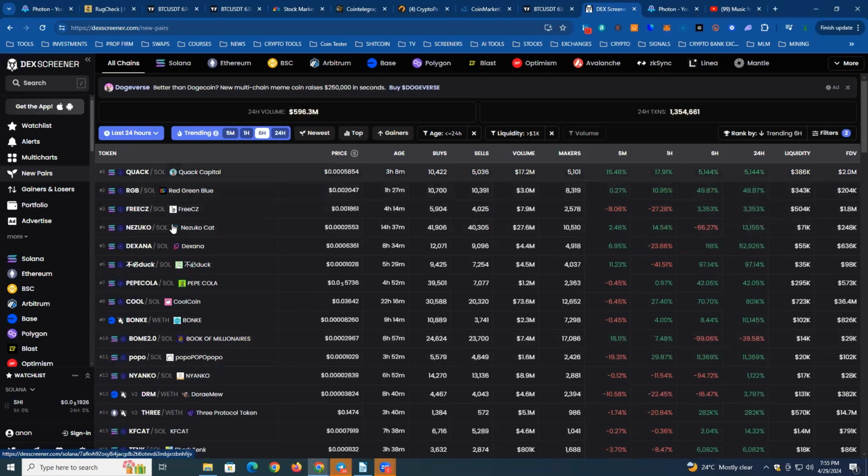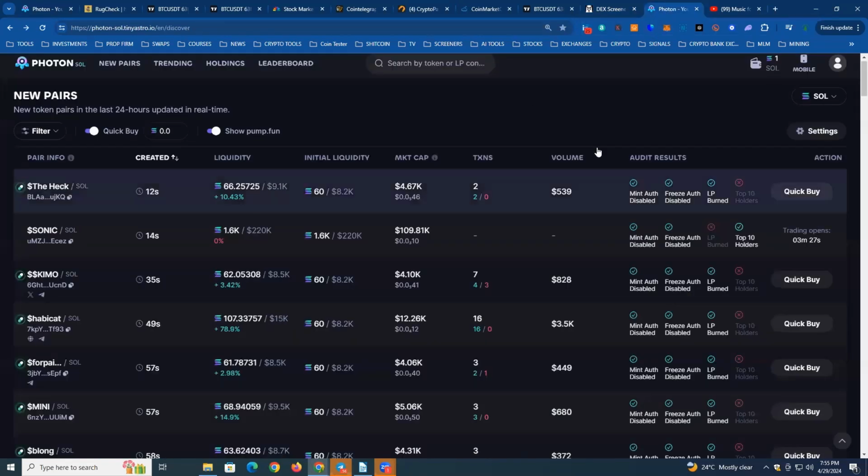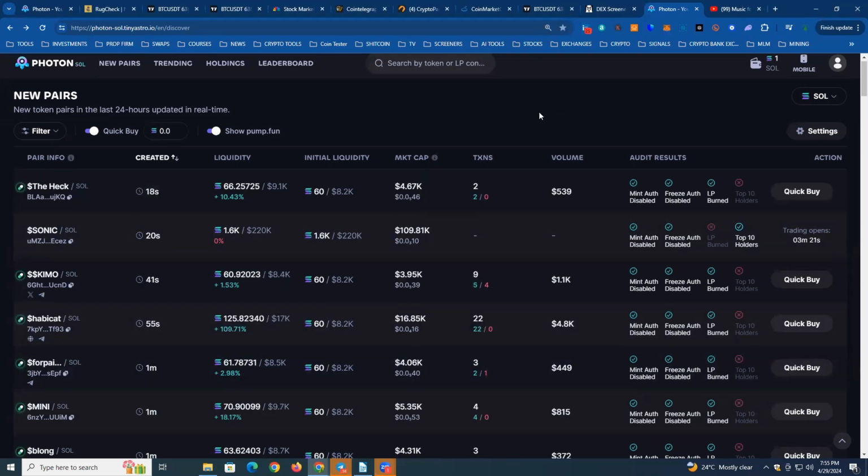And once you found a coin here on DEX screener, you just simply take that coin's contract and you go to Photon and you put the token contract so that you can see that coin and trade that contract of that coin on Photon.